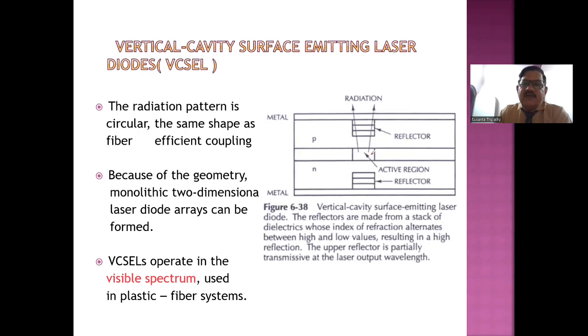So the active region is here, and one reflector is corrugated here, another reflector is corrugated here, so that this will act as a cavity. And this vertical cavity surface emitting laser diode will give, in fact, very powerful laser beams, because the cavity resonance will take place, and therefore the emission power will be enhanced.